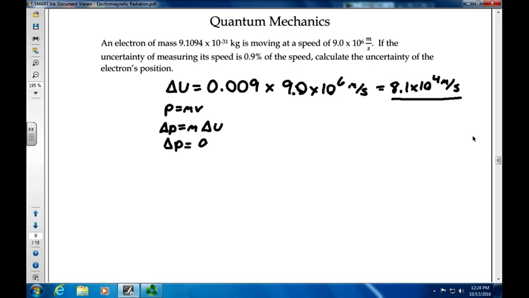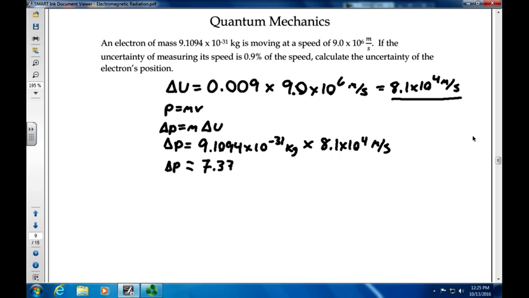we have 9.1094 times 10 to the minus 31 kilograms times 8.1 times 10 to the 4th meters per second, which gives us, for delta P, 7.378614 times 10 to the minus 26.